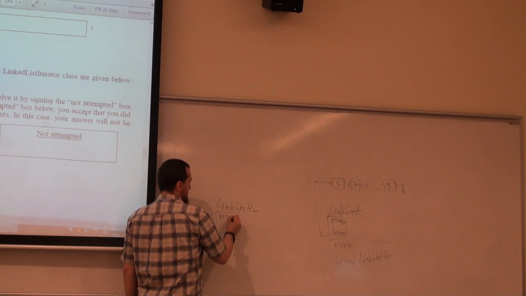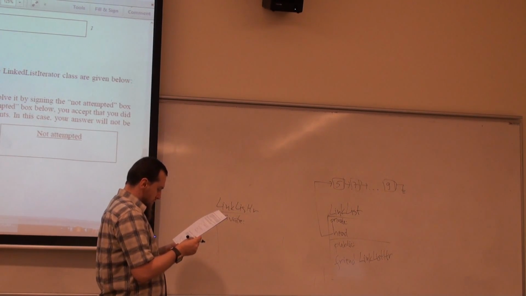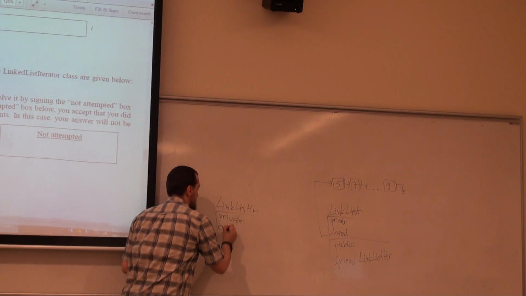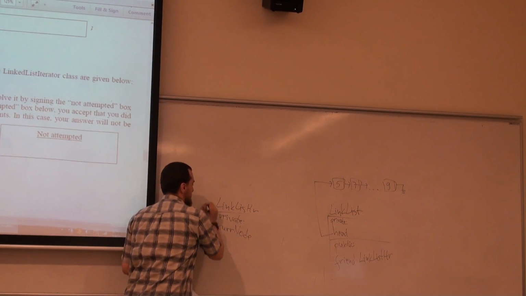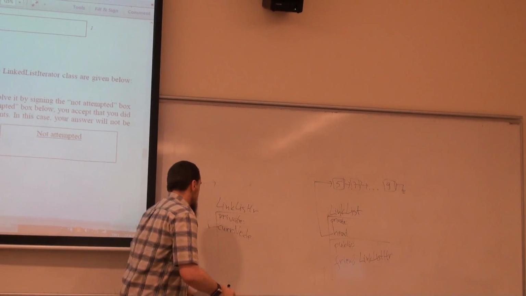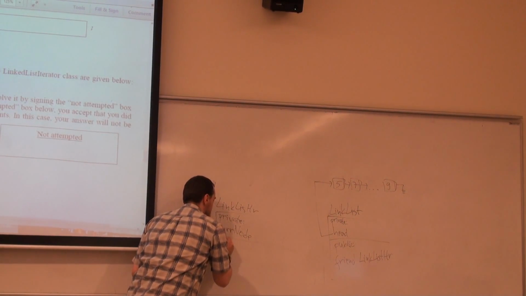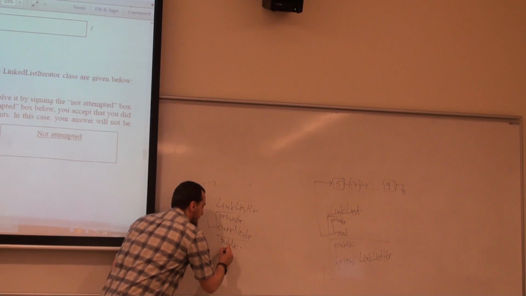As private data, we have, let's say, a pointer, which is called current node. It's a pointer to a node. As public data, you remember what we have here. We have initialize.